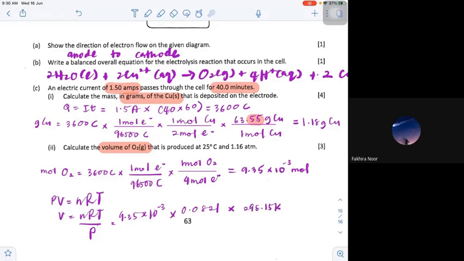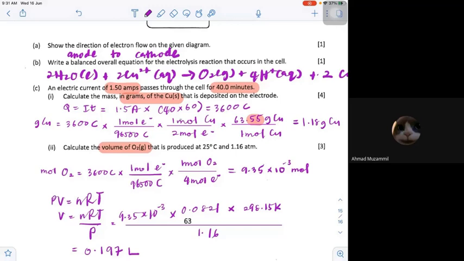We convert it from 25 degrees C to Kelvin. Don't forget, it cannot be in degrees C. It has to be in Kelvin in calculation. Divide by the pressure that is given, 1.16 atm. So finally we get the volume occupied by this oxygen gas, which is 0.197 liters.